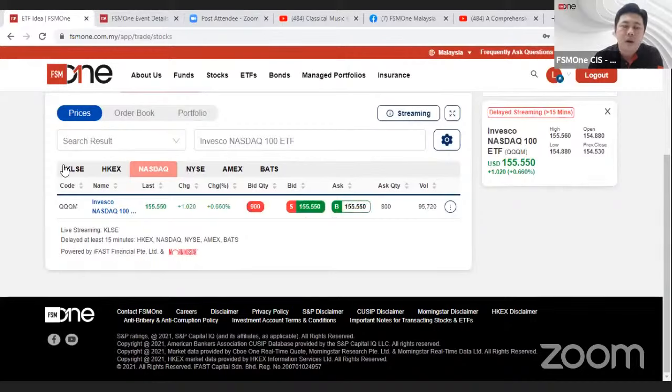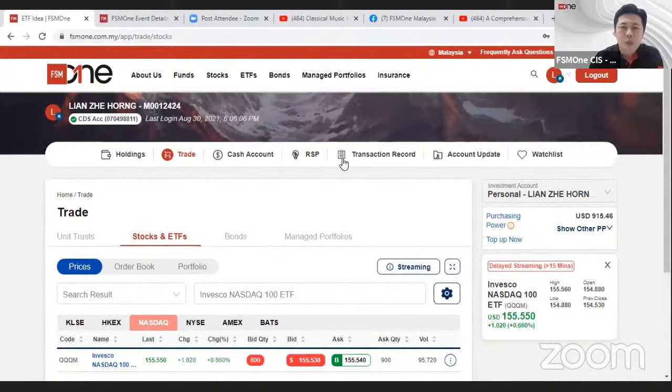This is because all the exchanges, including KLCI, are on a single page. Therefore, there's no choice. You will need to open a CDS account in order to access this particular page. So this is all I have for tonight.